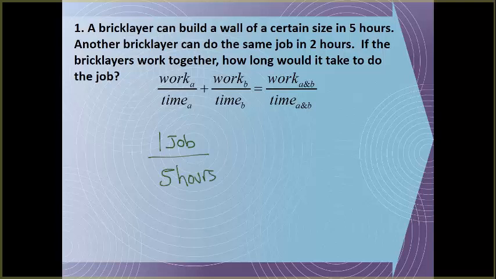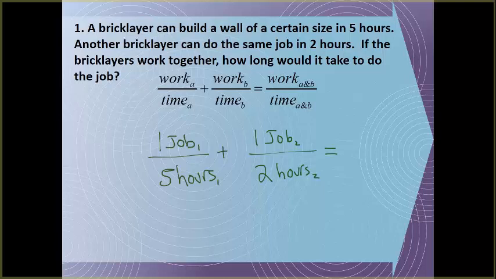So that's bricklayer 1. Plus another bricklayer, so this is bricklayer 2. So bricklayer 2 does that same job all over 2 hours. So that's job 2. We're trying to find out if the bricklayers work together, how long would it take?